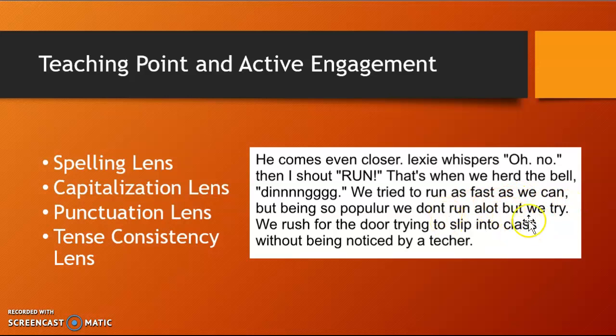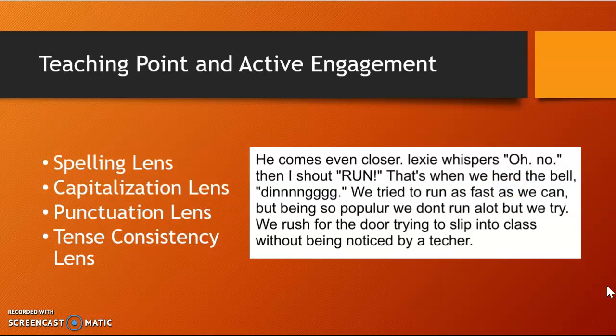So I might even stop it at "we don't run a lot," get rid of that conjunction right there, and maybe come up with a different way of revising that sentence. So it's okay to still do some revising while you're editing too. If you end up seeing that this comma didn't work, so you need to change that sentence up, that's okay. That's part of using that punctuation lens.